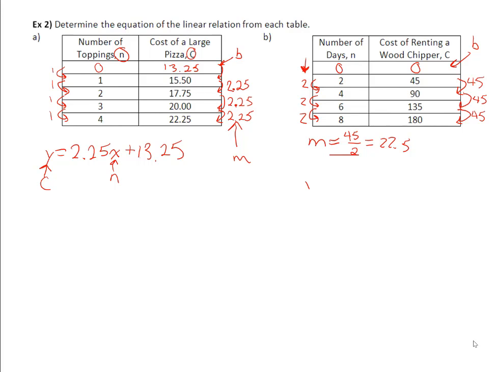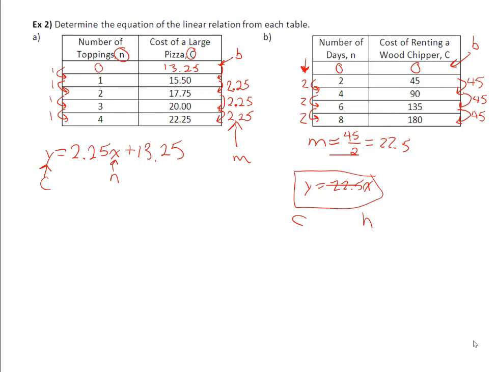So your y value is equal to 22.5x plus 0, but we don't write plus 0, so that's our final answer. That's our final equation. Again, you could write c and n, c for the y value, n for the x value, but I'm not going to be too picky on that.